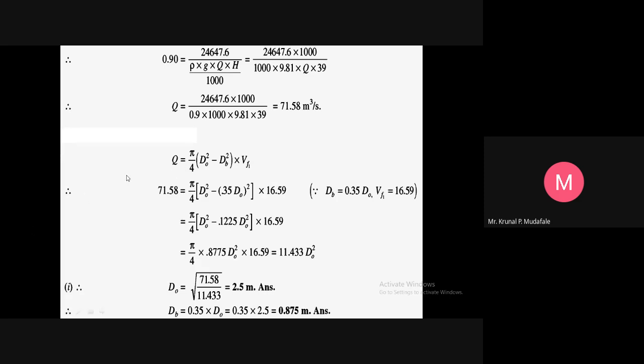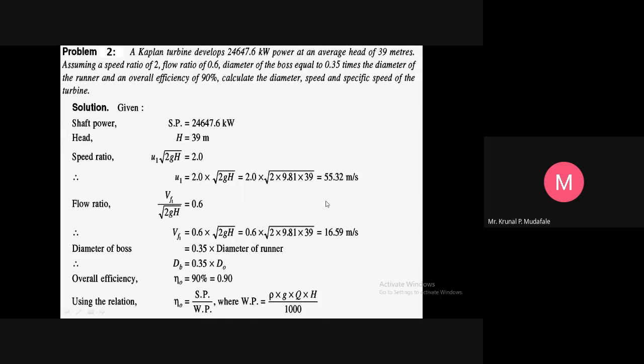So Q equals area into velocity, where the area is pi by 4 into Do square minus Db square, into Vf1. Here the relation is given that Db equals 0.35 times Do, so replace Db by 0.35 Do, and Vf1 is already available, which you can calculate from the earlier equation.